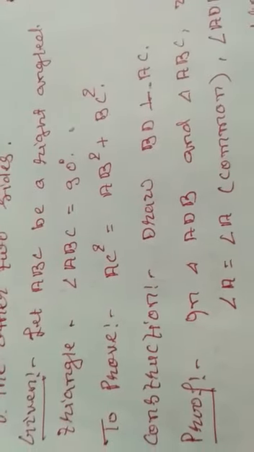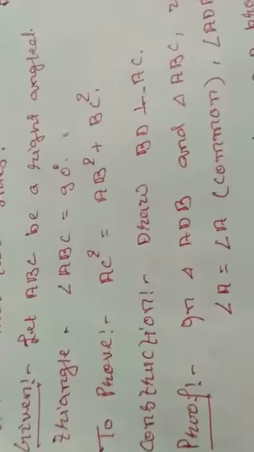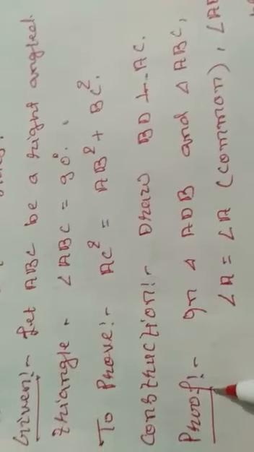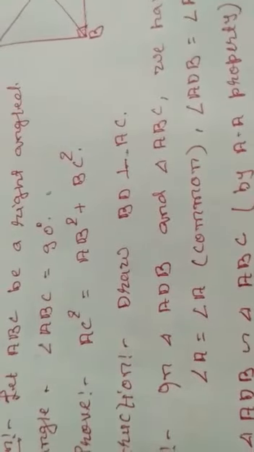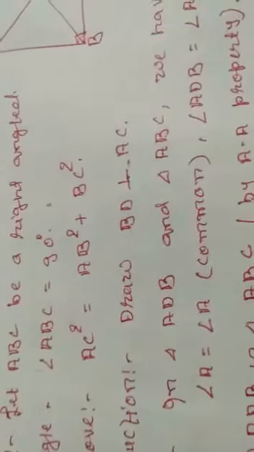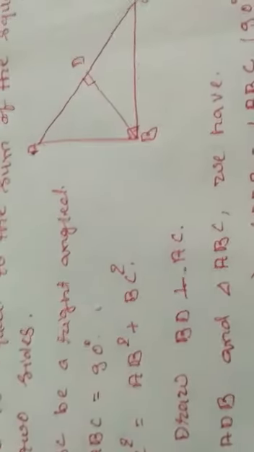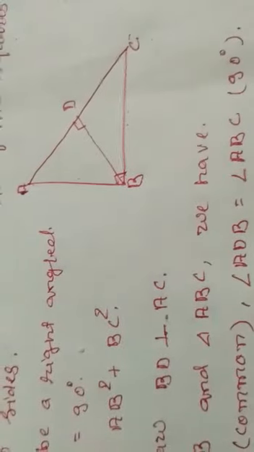Now after construction, we write the proof, how the theorem is going to be proved. So let's see the proof. First we have to make one smaller triangle and the bigger triangle similar.